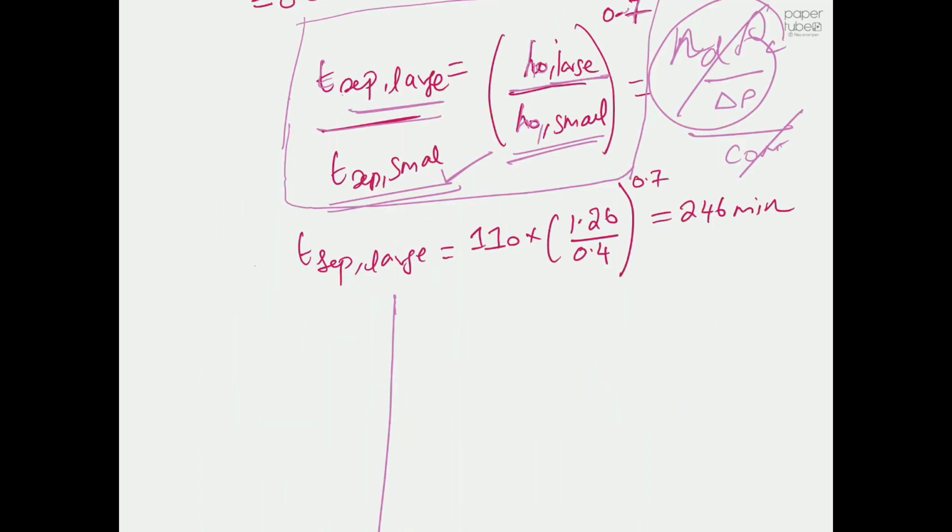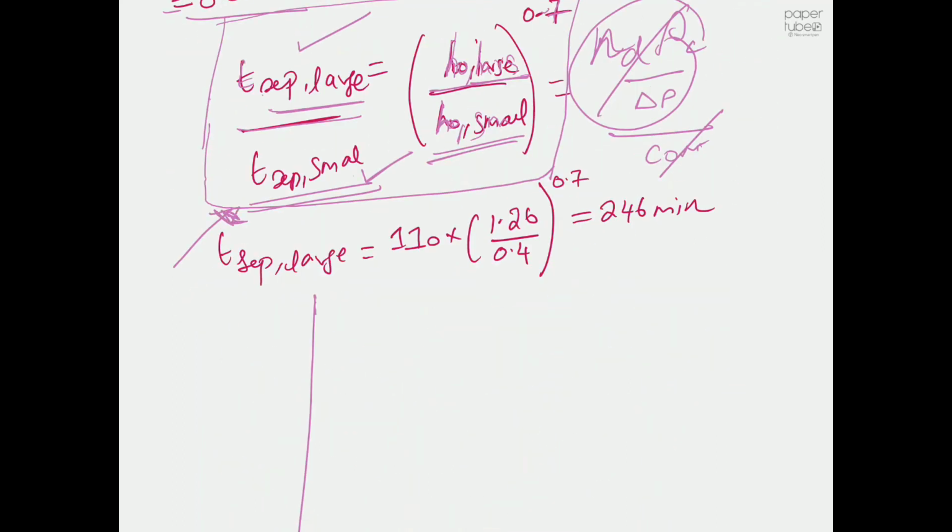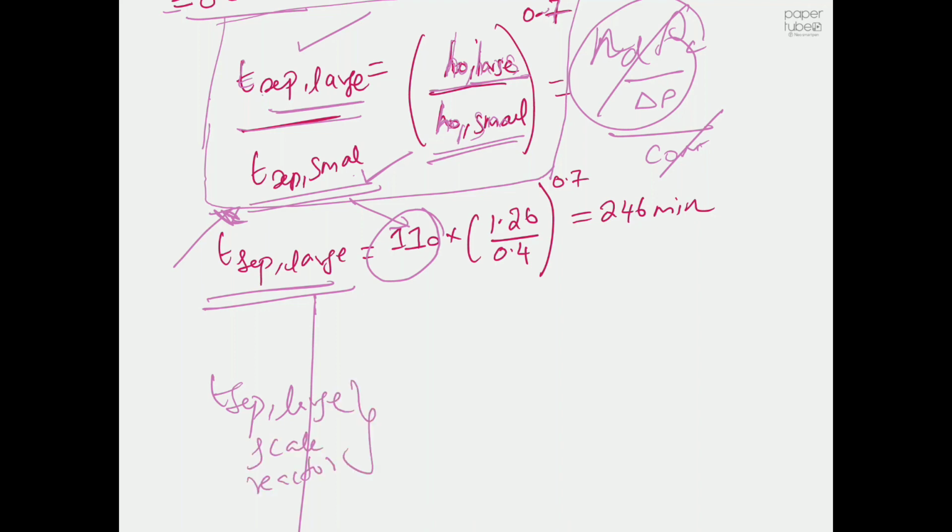So all we need is to go back to this equation which I showed you here. We know the time of separation in a small scale reactor is 110. So time of separation in a large scale reactor should be equal to time of separation in the smaller tank, 110, multiplied by H0 of the larger tank over H0 of the smaller tank, raised to the power of 0.7.